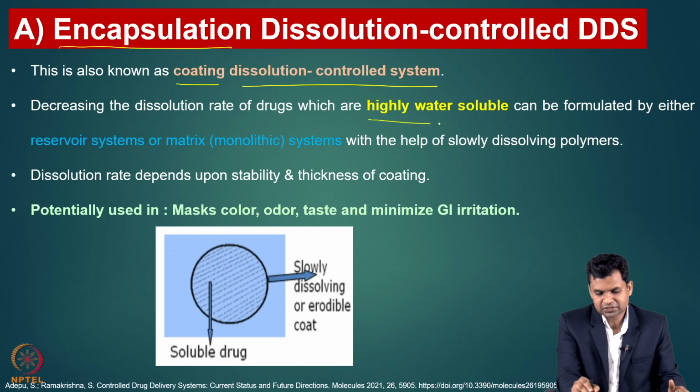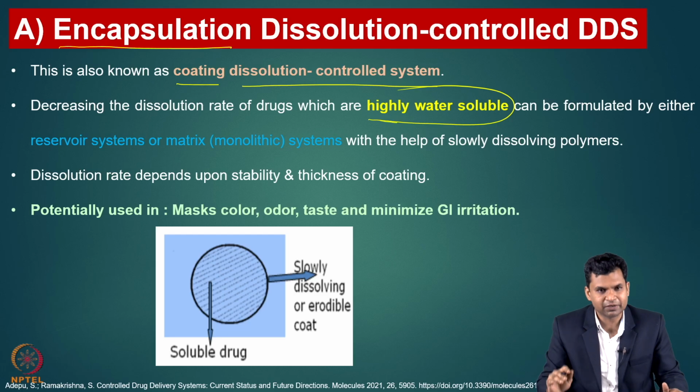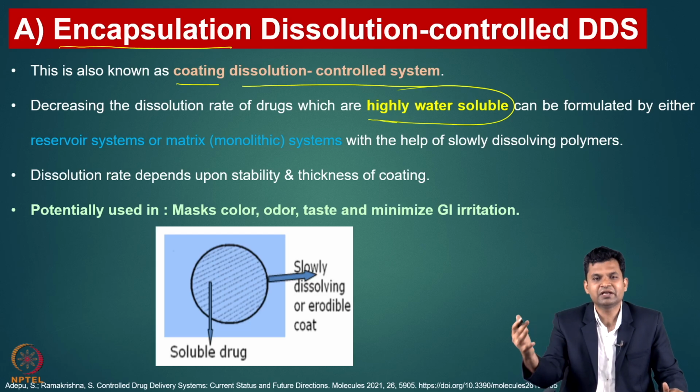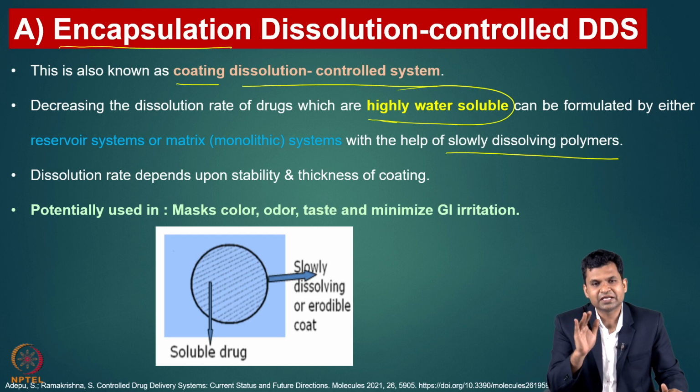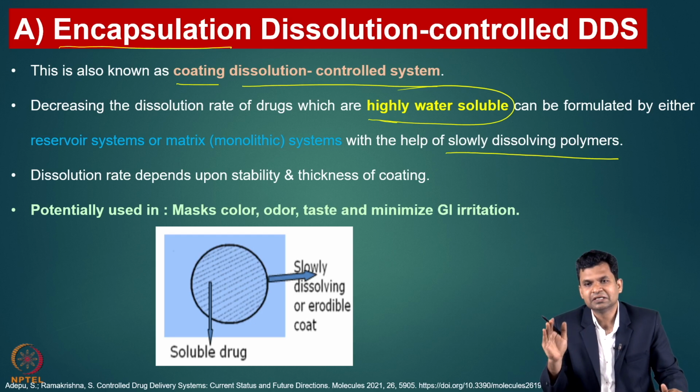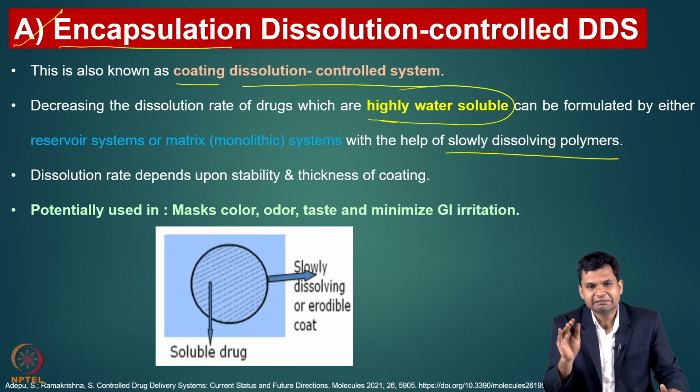Those highly water soluble drugs, we need to control the release rate from the dosage form by using various polymers which will dissolve slowly. With that we can expect dissolution controlled release by using encapsulation as a technique.